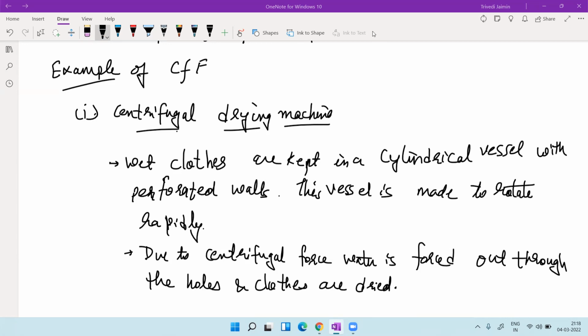Who is volunteering? No? I have to point out. Oh, skipped. Yes, Devanshika.